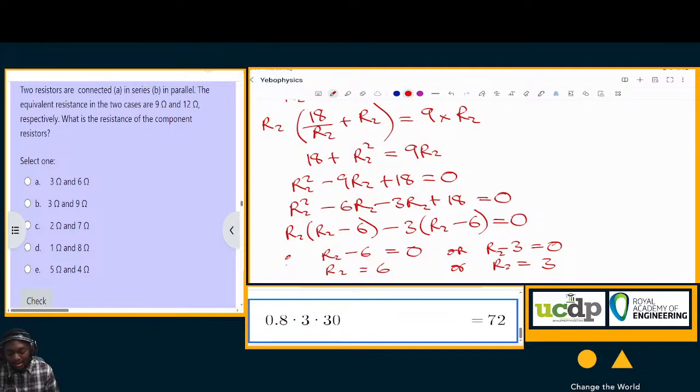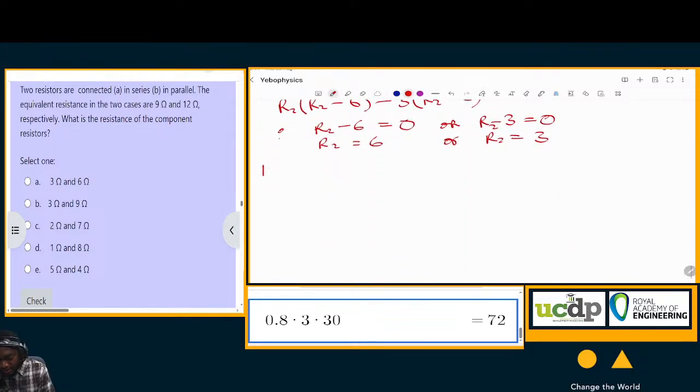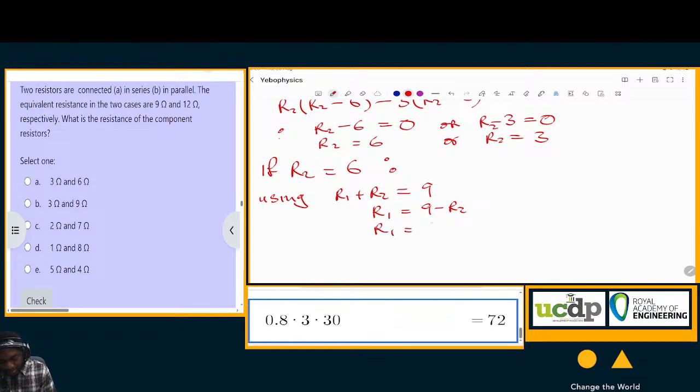Okay. So if R2 is equal to 6, then using R1 plus R2 equals to 9, what will be R1? R1 will be equal to 9 minus R2. So if R2 is 6, then R1 would be equal to 3 ohms.